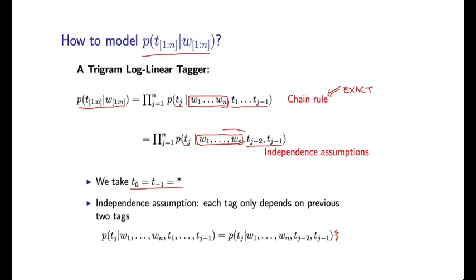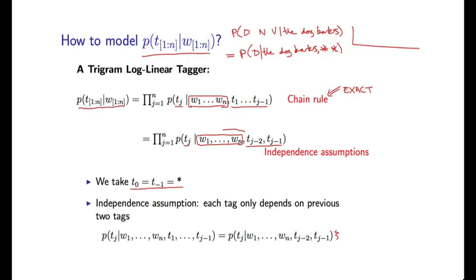Here again is the independence assumption that's made in this model. Let me give you a particular example. Say I want to write down the conditional probability of the tag sequence D N V given the three words the dog barks. Then this is going to be decomposed into a product of three terms. Firstly, the probability of D, given that I have the sentence the dog barks, and given that the previous two tags were star star, which were our start symbols.